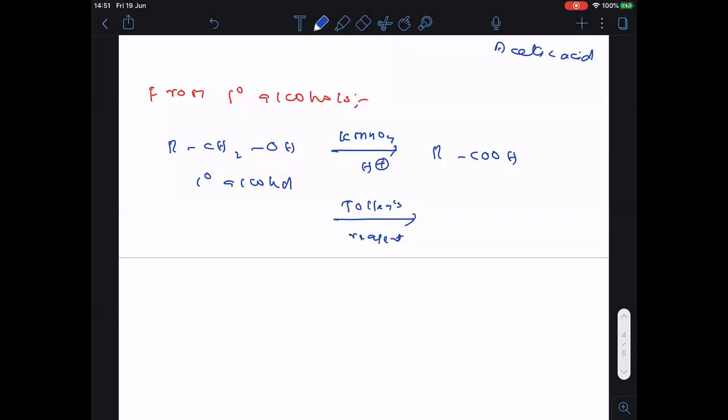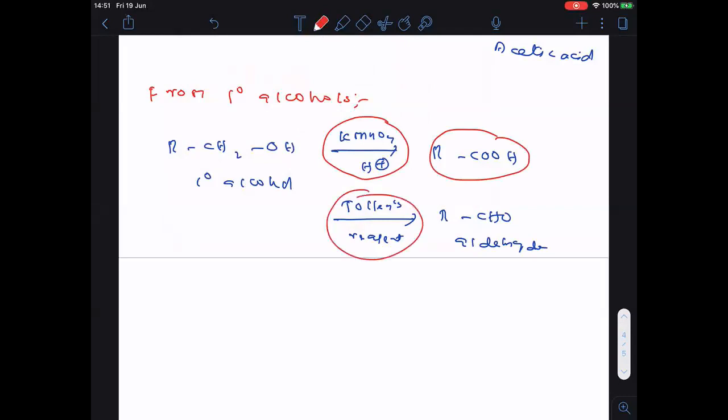So when primary alcohol undergoes oxidation with a mild oxidizing agent, you will get aldehyde only here, not the acid. If you want to get the acid, you have to use a strong oxidizing agent. If you use a mild oxidizing agent, the reaction stops as aldehyde is formed.